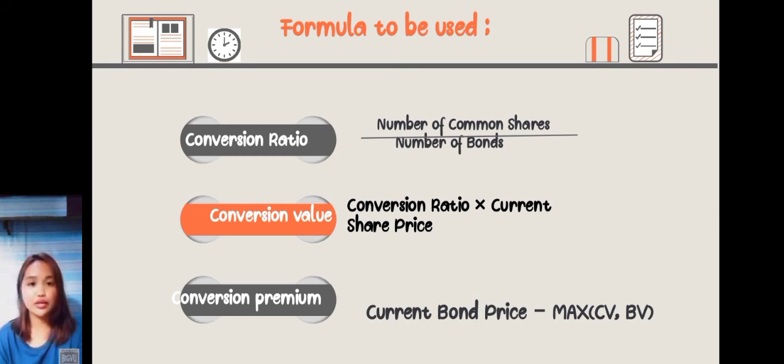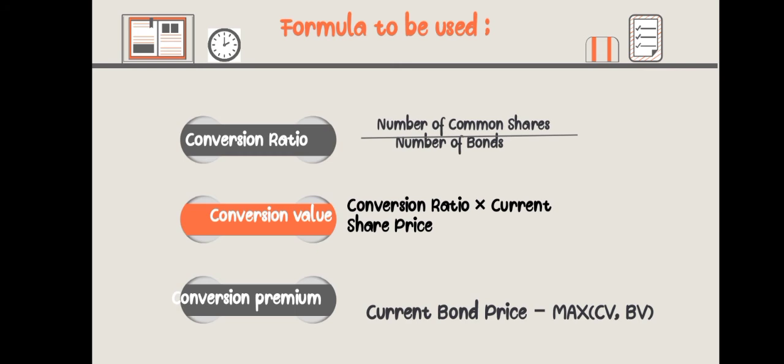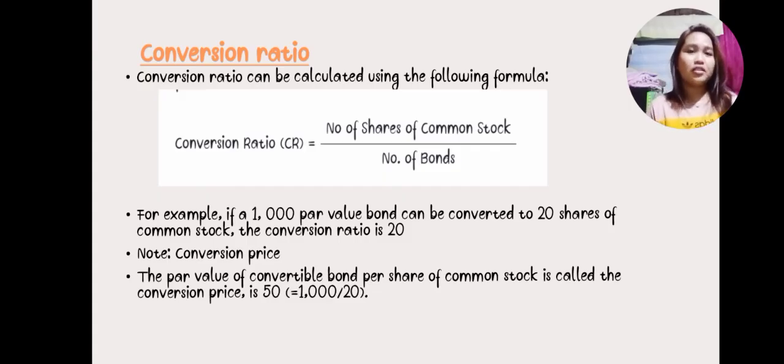So here are the examples. This is the computation of the conversion ratio. The conversion ratio can be calculated using the following formula: the conversion ratio is equal to the number of shares of common stock over the number of bonds.